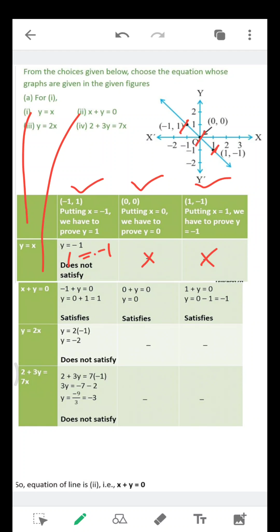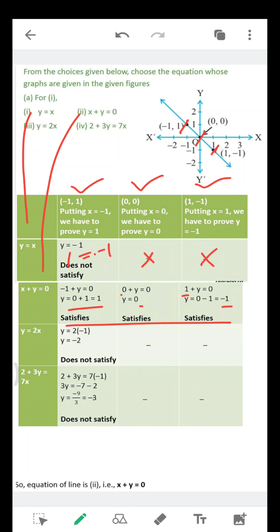If I substitute x is equals to 1, I have got y is equals to 1. It satisfies. If I substitute x is equals to 0, I am getting y equals to 0. If I put x is equals to 1, I am getting y is equals to minus 1. So all the points satisfy the second equation.